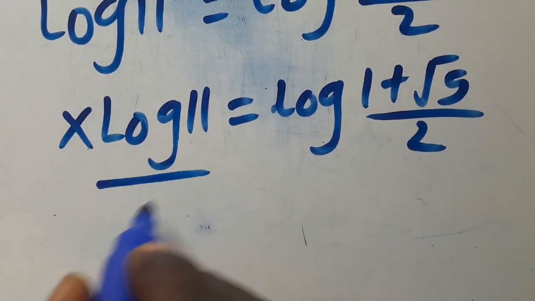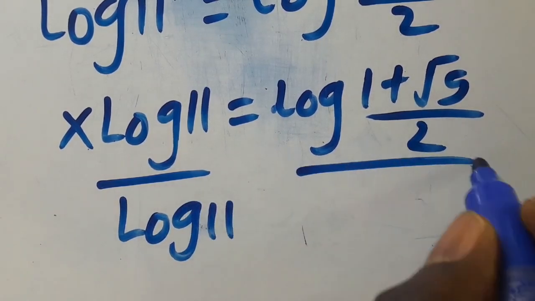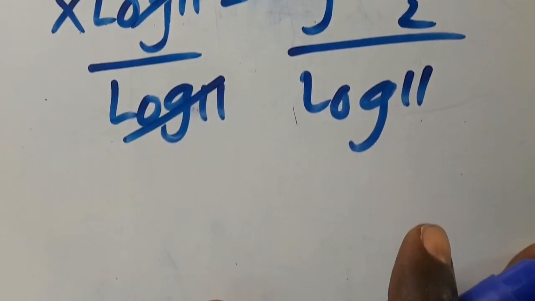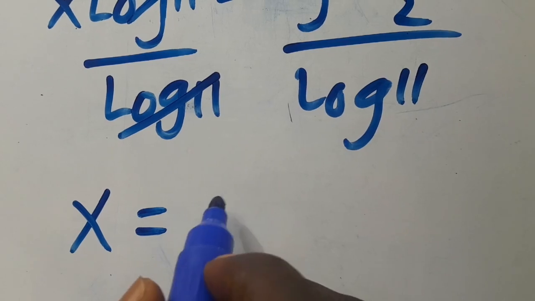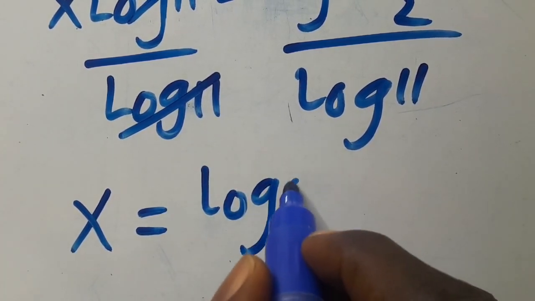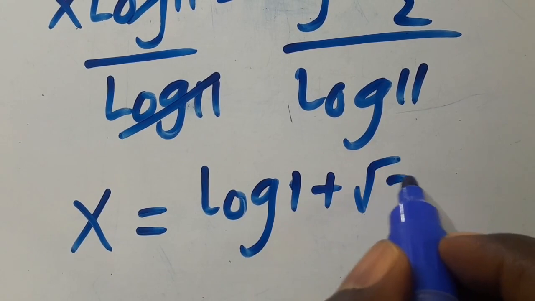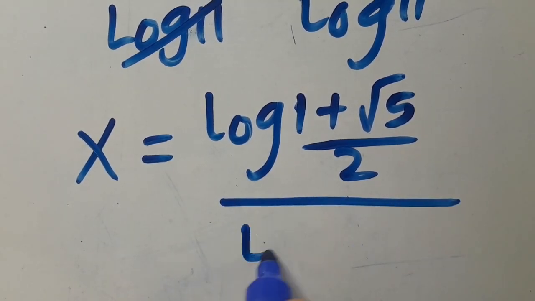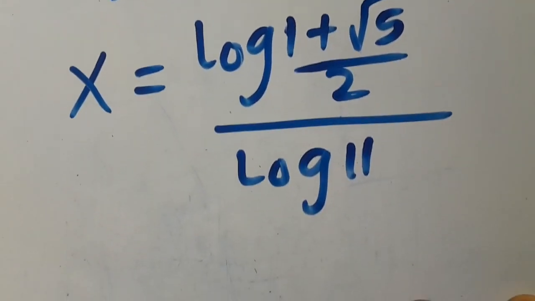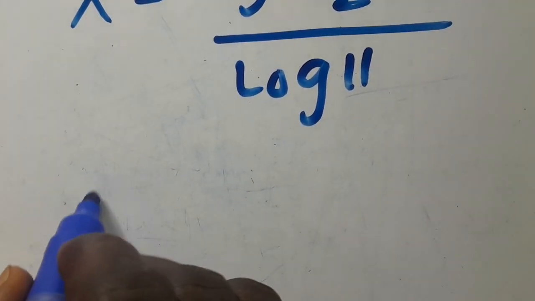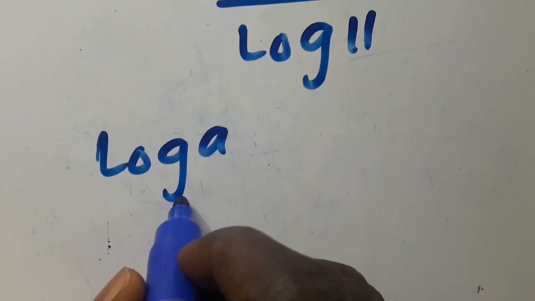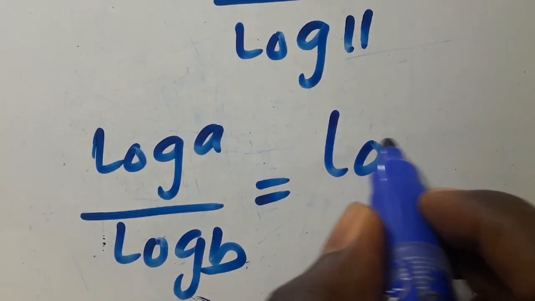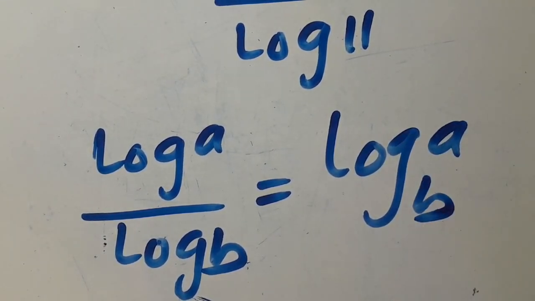Then let's divide both sides by log 11. So from here, this and this will cancel. So we are going to have our x equals log of 1 plus root 5 divided by 2, then divided by log 11. But mind you, when you have log a divided by log b, this equals log of a in base b.